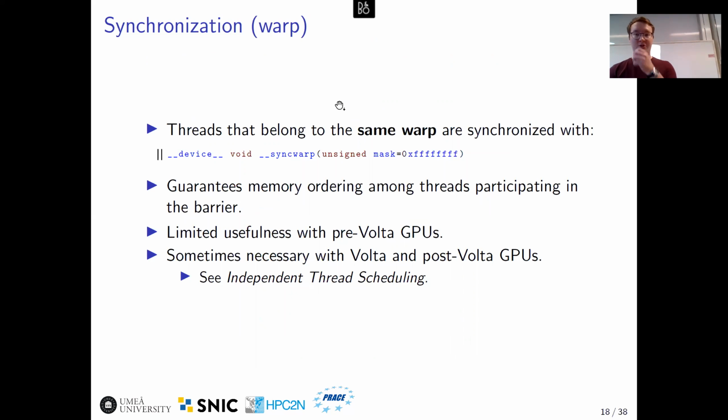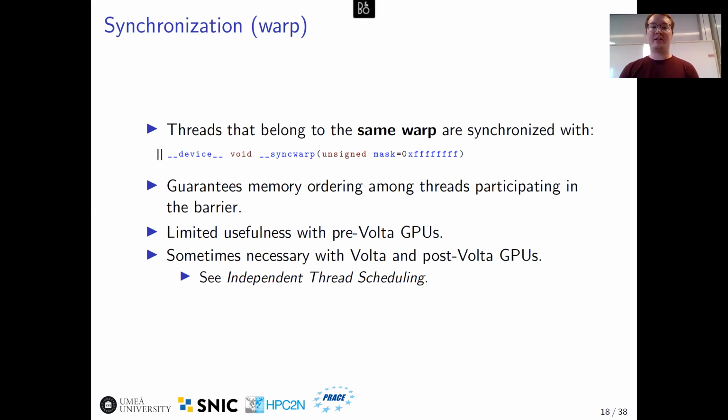The last thing that I will briefly mention is that in the newer versions of CUDA, it is also possible to synchronize all threads that belong to the same warp. On the face of it, this might sound a bit weird, because I say that all the threads in a warp execute together. But with the newer versions of GPUs, such as Volta, and newer versions of CUDA, there is something called independent thread scheduling. In those cases, this instruction can actually become useful.